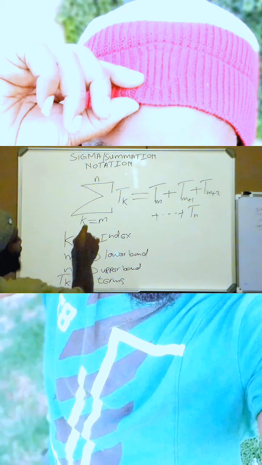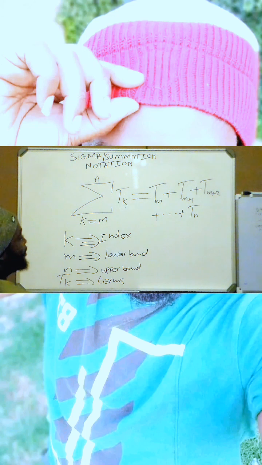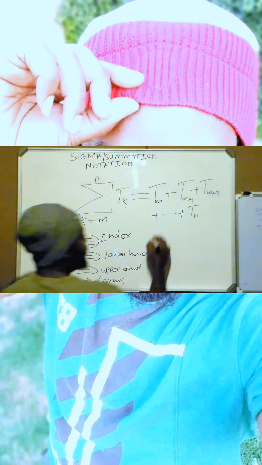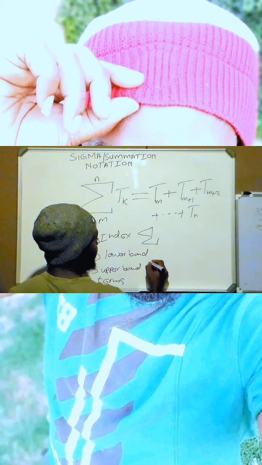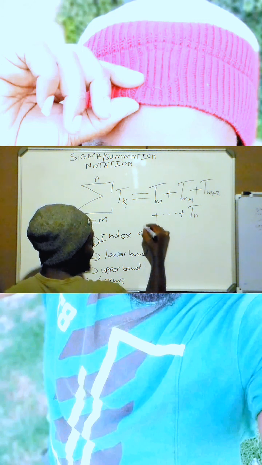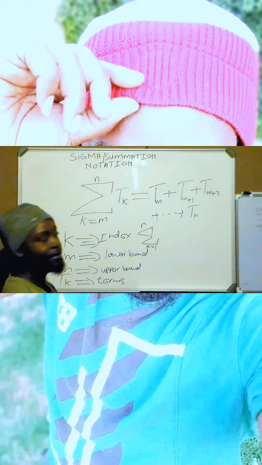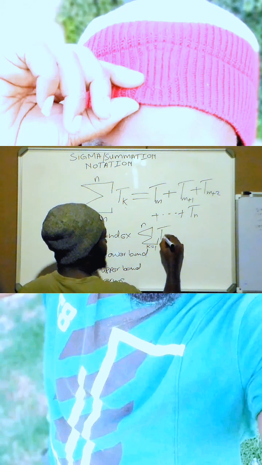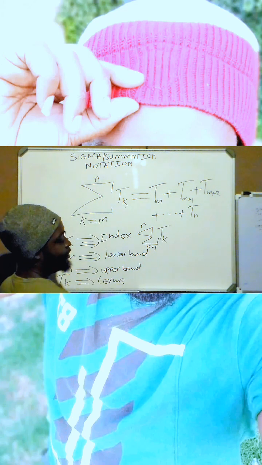So let's say now our M value, or rather our lower bound, is equal to 1. So we'll be writing our summation as this: the index K equals the lower bound 1 all the way up to the nth term, given the terms of the sequence as T_K.